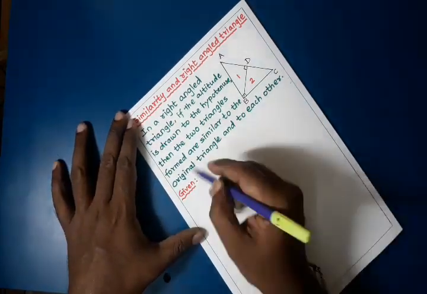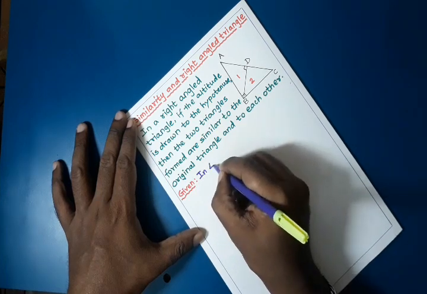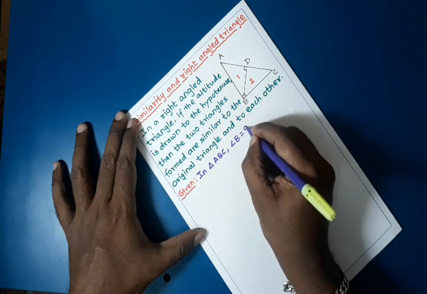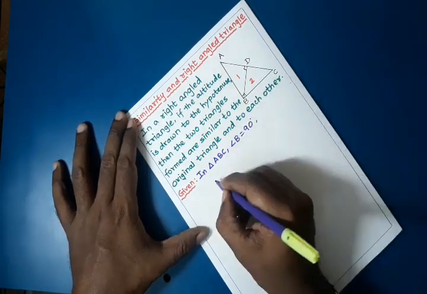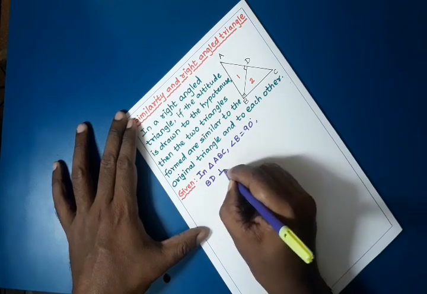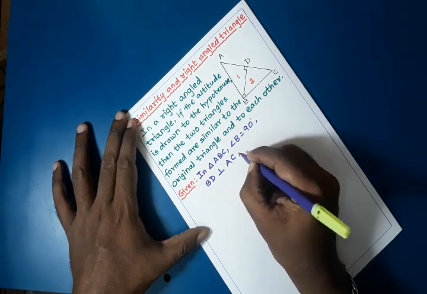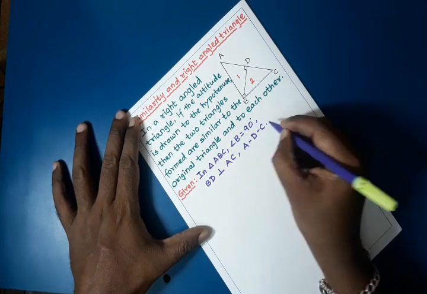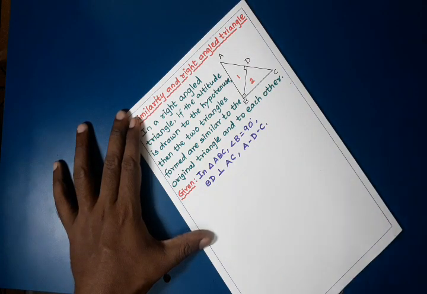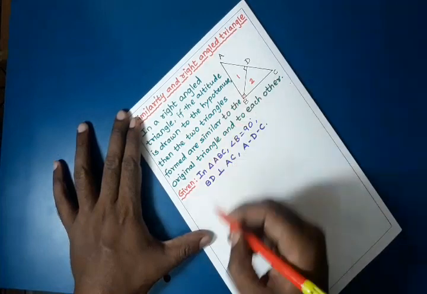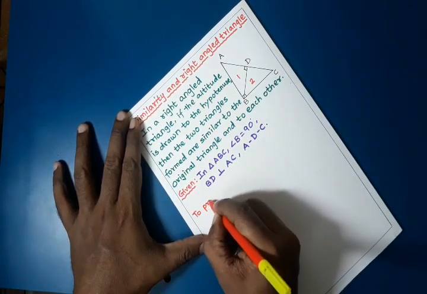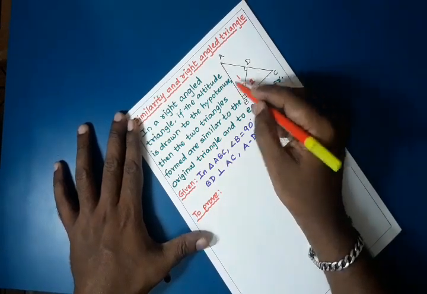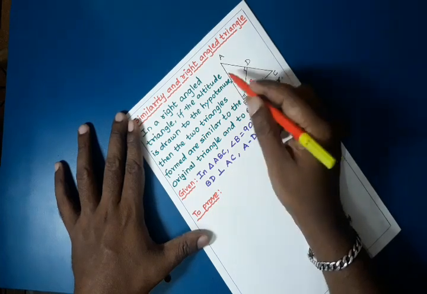So let's write here, in triangle ABC, angle B is 90 degree, and BD is perpendicular to hypotenuse AC, and D is a point between A and C. Now from this given information we have to prove that these two triangles formed are similar to each other and they are similar to the original triangle.